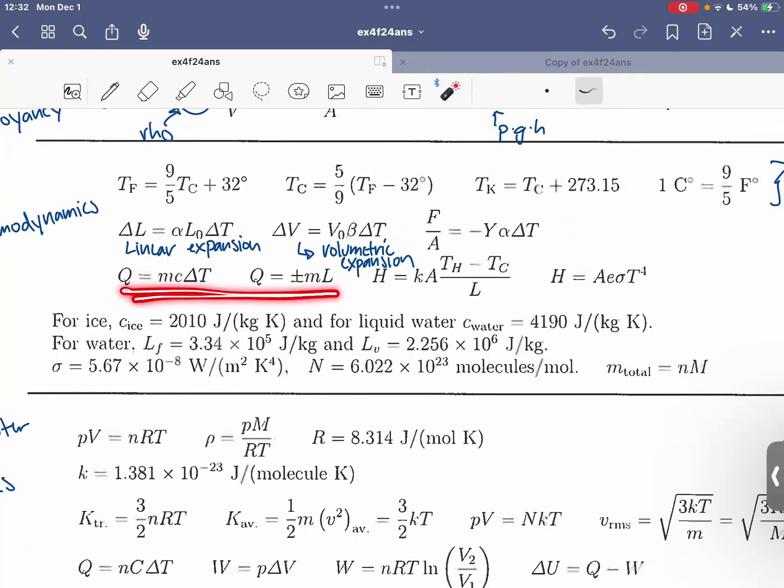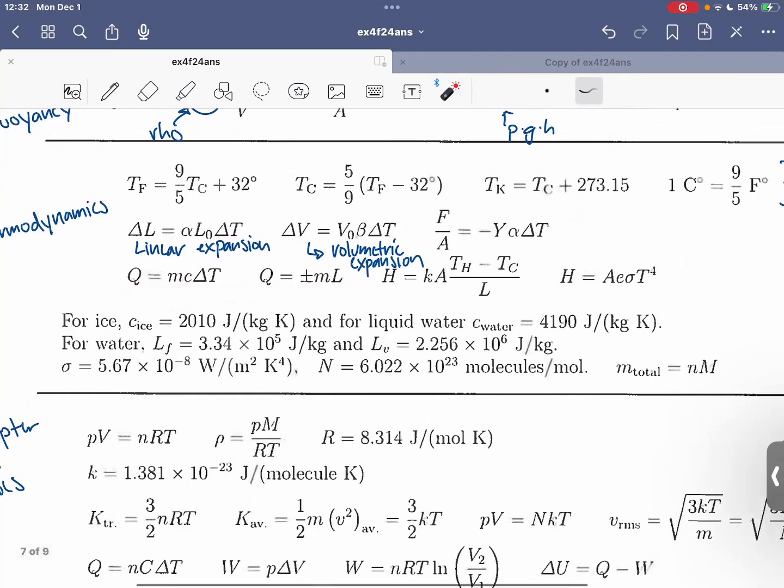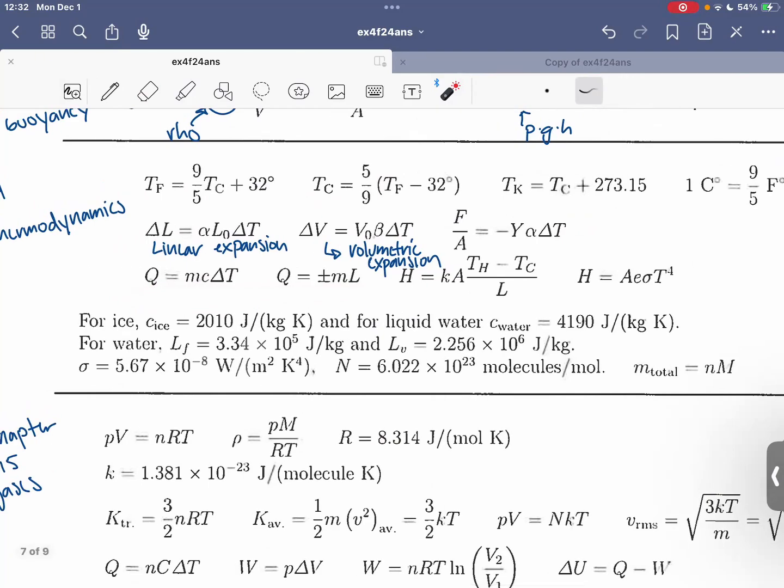These things are your heat exchange. So this is heat for a liquid. That's how much heat is required to raise something X number of degrees. That's where this delta T is coming from.